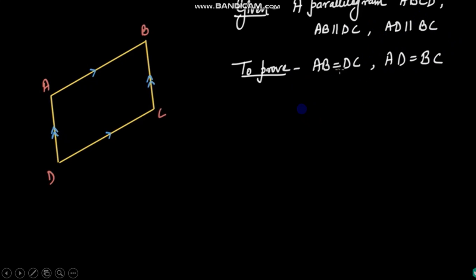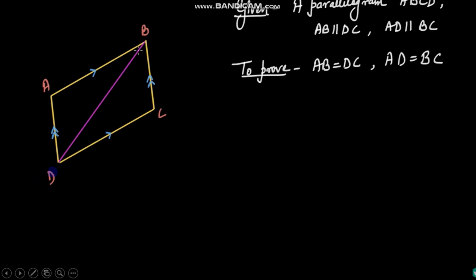How can you prove this? We can make a construction by drawing a transversal line like this. This is the transversal line. Suppose AB is parallel to DC, then this line is a transversal, or AD is parallel to BC, then again this line is a transversal.